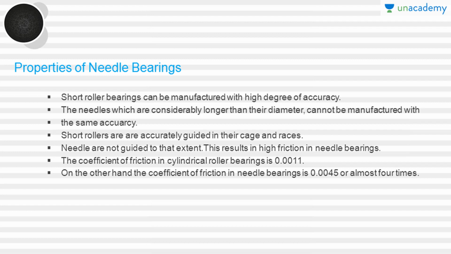Due to the small diameter and the corresponding larger length, they have some design limitations: they have less degree of freedom, and they are not up to the extent of cylindrical roller bearings. They have larger friction, and the friction of the needle bearings is 4 times higher than the friction of the cylindrical roller bearings.